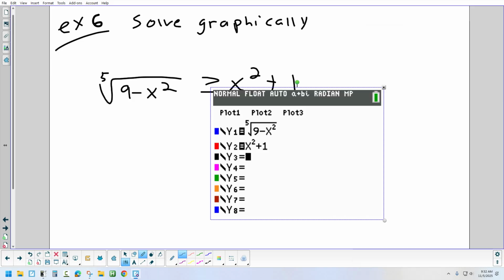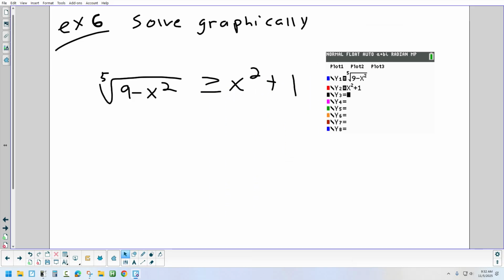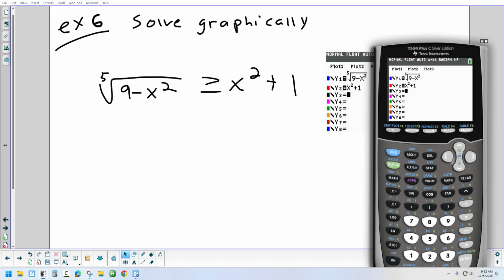Okay, so I'll put this here so we remember the colors we're using. We're looking for where the fifth root is greater than or equal to the red one. So where the blue one is higher or equal to the red one. Let's do zoom 6.